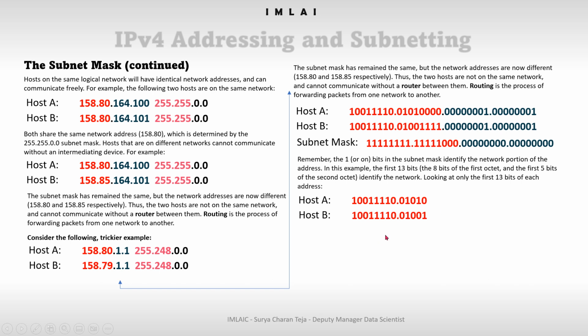The first two octets are the same, but in the second octet the five network bits are not similar. So there is a difference, and that is the reason these are two different networks: host A is in one network and host B is in another.